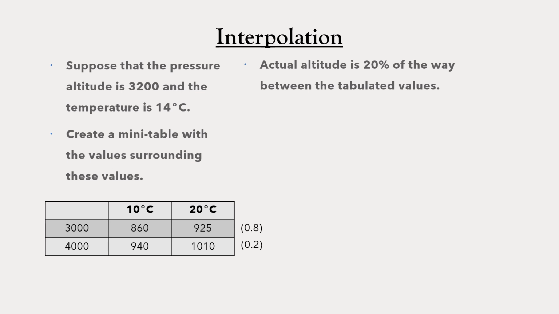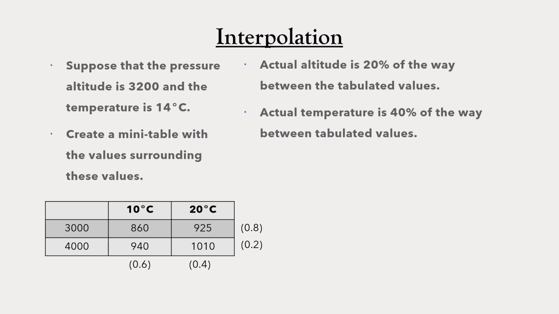The actual altitude is 20% of the way between the tabulated values, so I have a 0.2 weighting factor on the 4,000 foot numbers and a 0.8 weight for the numbers that correspond to 3,000 feet. You give a higher weight to the one it's closer to. The actual temperature is 40% of the way between the tabulated values, so I'll give a 60% weight to the 10 degree numbers and a 40% weight to the 20 degree numbers.